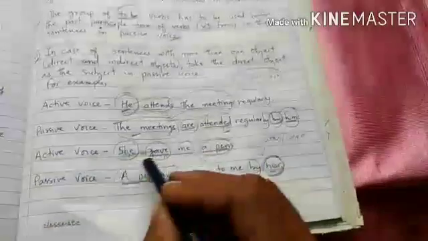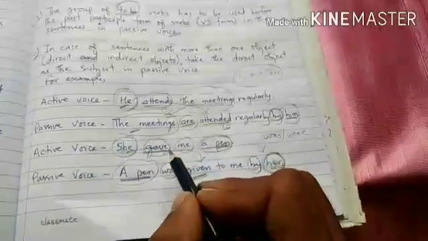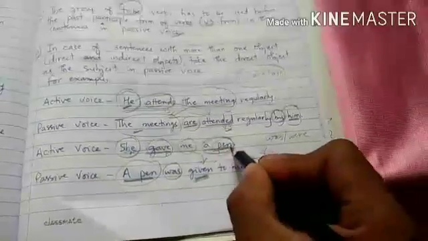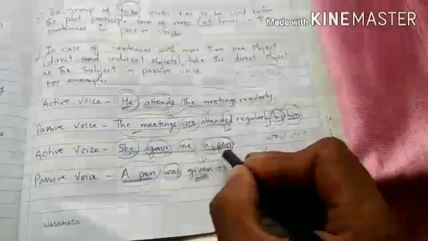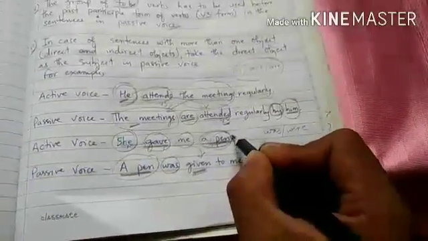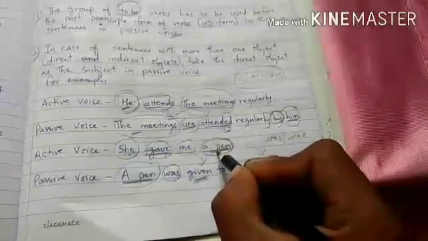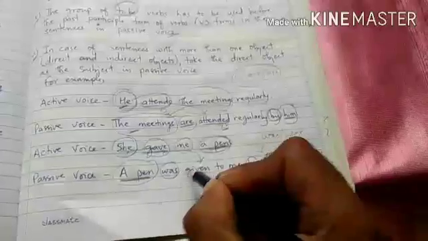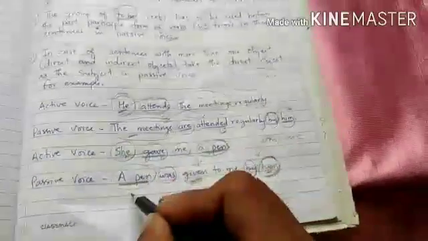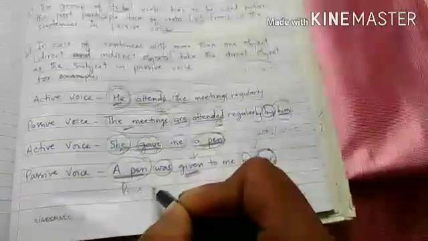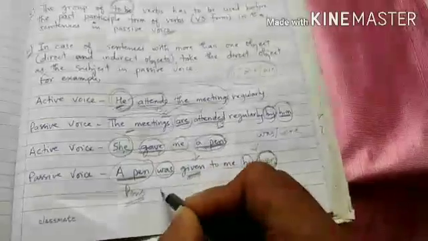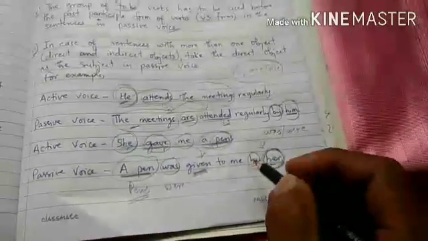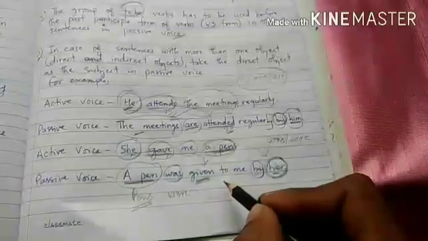So now if the sentence in active voice would be in plural with plural object, like she gave me pens. अगर pens होता यहाँ पर तो pens is plural. So now if we change this sentence in passive voice, so pens यहाँ पर क्या होता? Pens. So we have plural. So we would have pens were given to me by her.